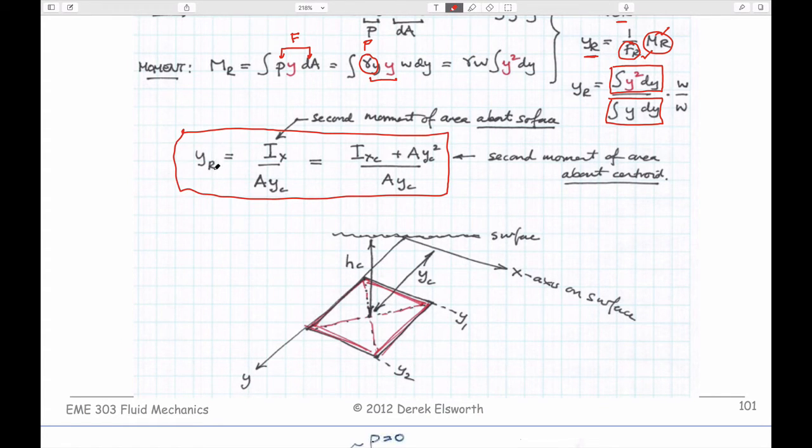And it says that the place where the force acts, which is the center of pressure, which is not the same as the centroid of the plate, this X marks the spot, can always be found if we know this standard result: the area of the plate, the depth of the centroid of the plate, which is this location, but its location on the incline, not on the vertical, not h_c, but y_c from the surface, and also this here.